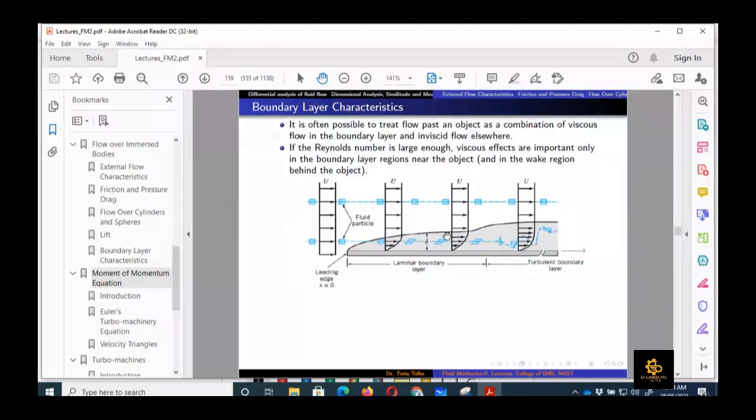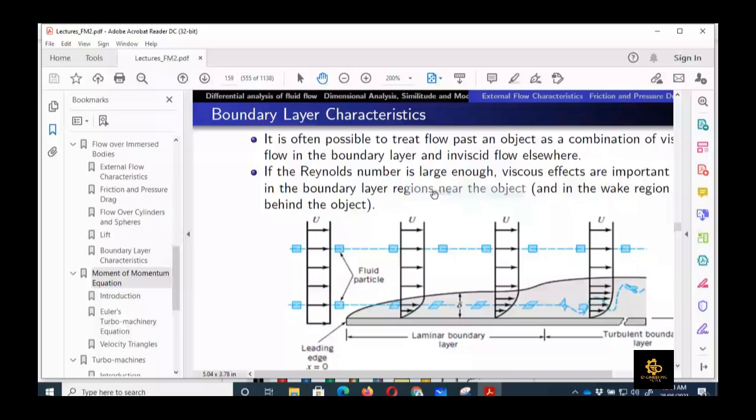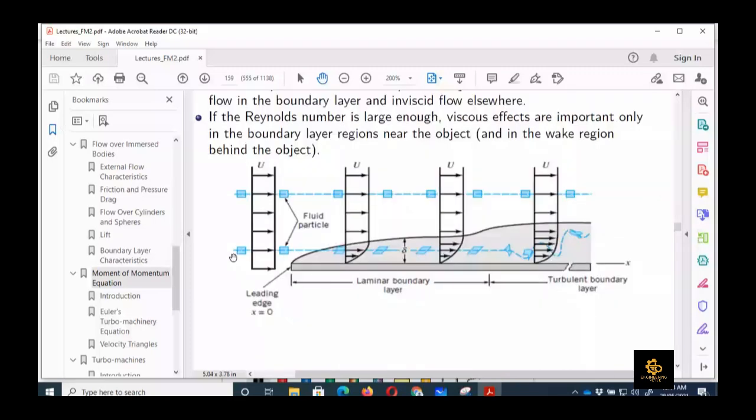And then there is a second thing which let me make a little bit more visible to you. Now you can see a fluid element which is shown by this blue square element. If that fluid element is inside the inviscid flow, which is away from the wall, it retains its shape. There is no deformation of the element.